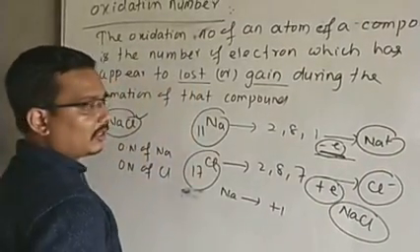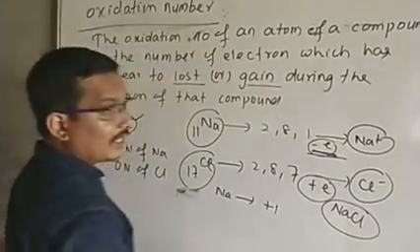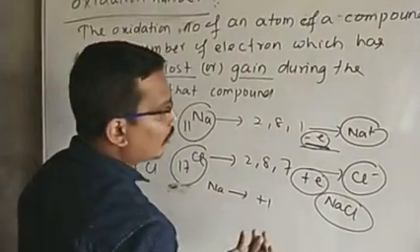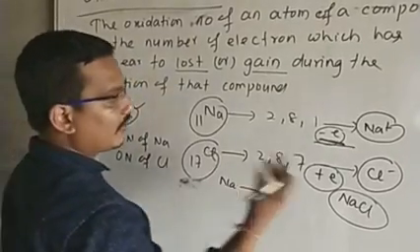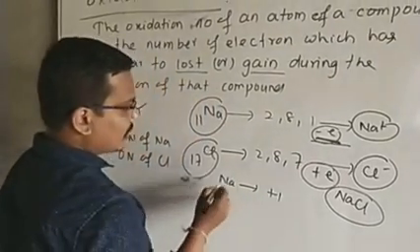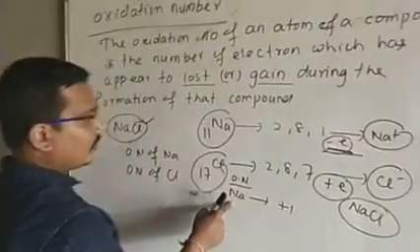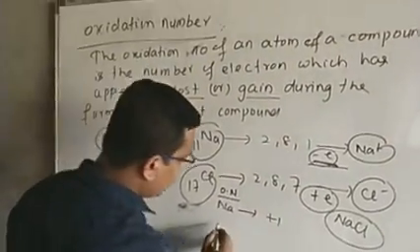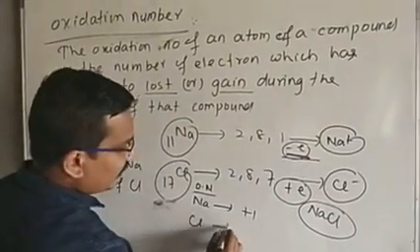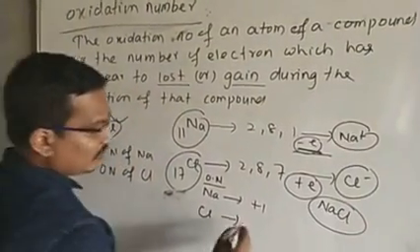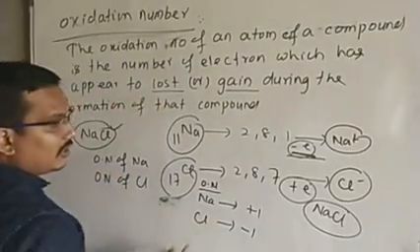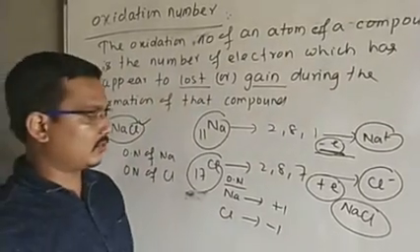As a result, Na carries 1 unit of positive charge and is converted into Na+. So the oxidation number of sodium in NaCl is +1. The oxidation number of chlorine in NaCl is -1 because it gains one electron.